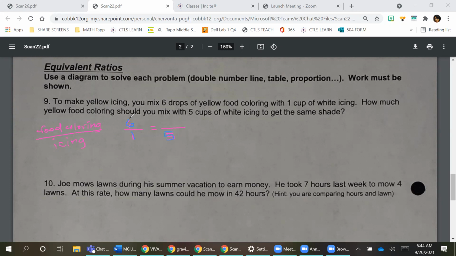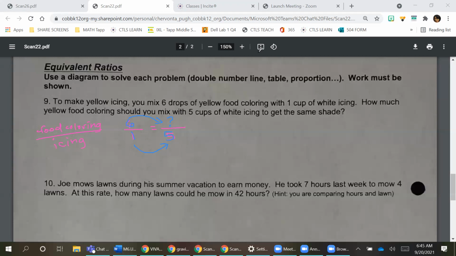I am going to point to what I don't know, because it's a big question mark here. We don't know how many drops of food coloring we'll need, but we're going to find out. And I'm going to point in the same direction on the bottom. The reason is because whatever I do to one part of the ratio, I must do to the other part of the ratio in the same direction.